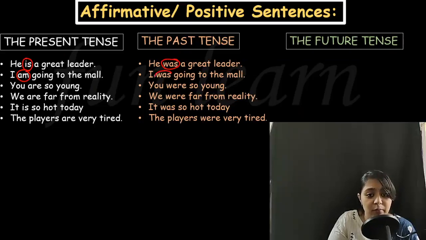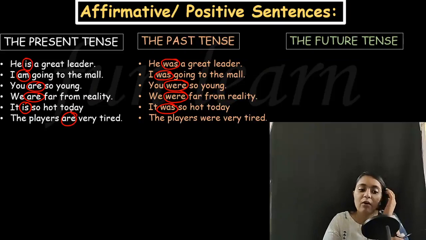In place of am we are using was. You are, in the past tense becomes you were. We are, here we were. It is so hot today, it was so hot today. The players are very tired. Are means present tense.